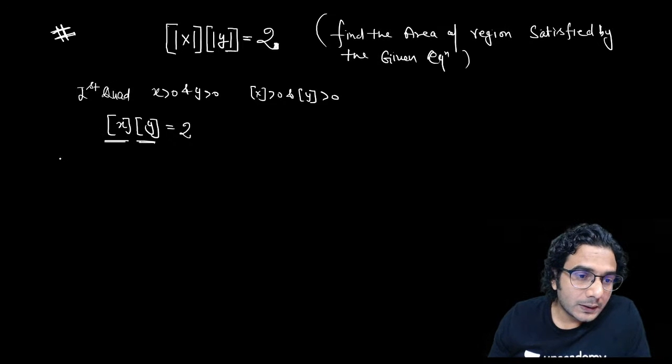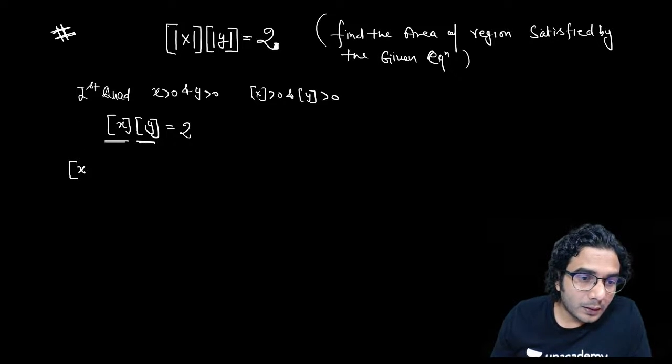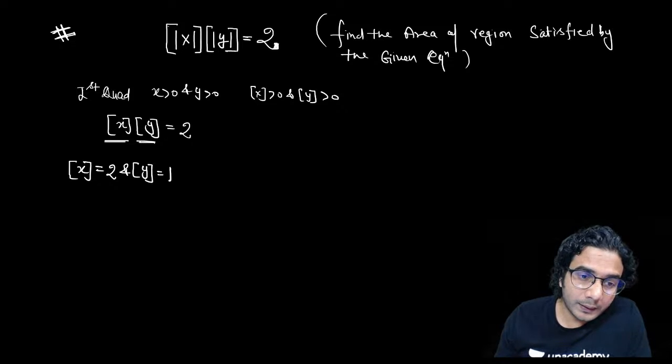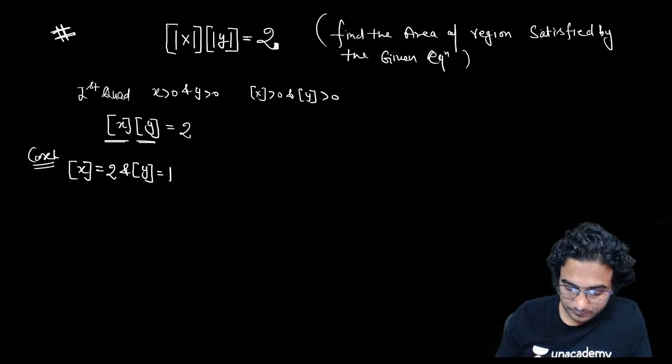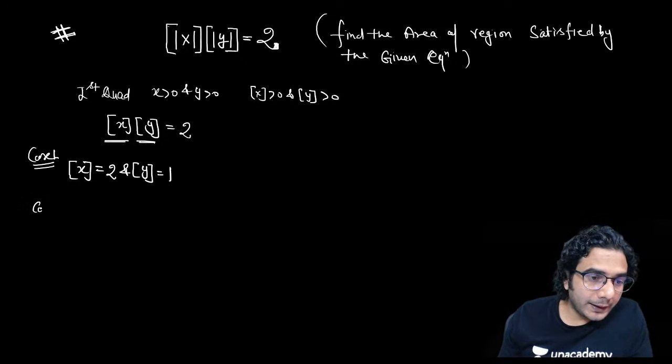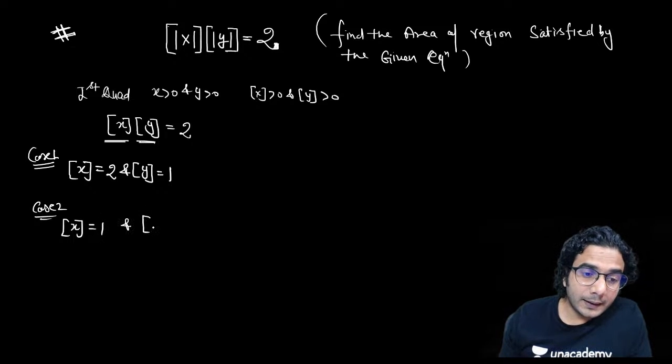Either greatest integer of x is 2 and greatest integer of y is 1, this is case 1, or case 2: greatest integer of x is 1 and greatest integer of y is 2.